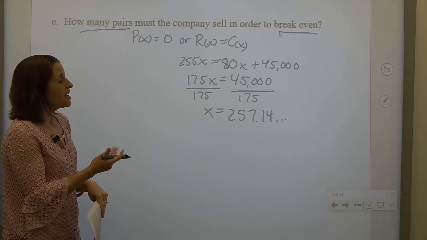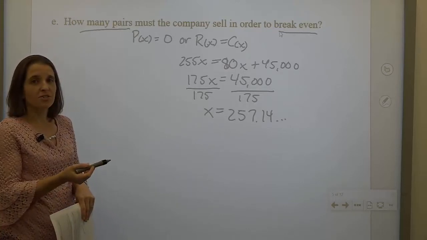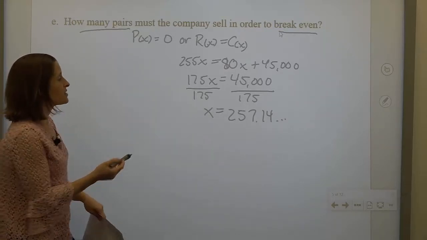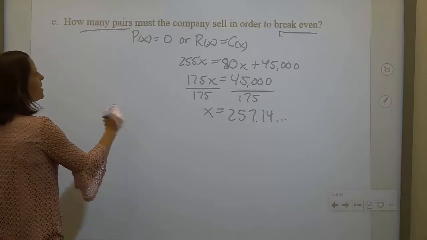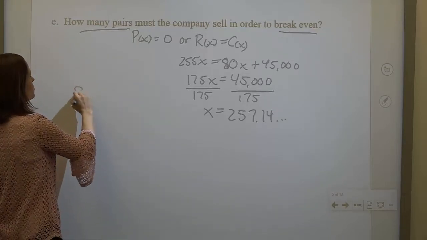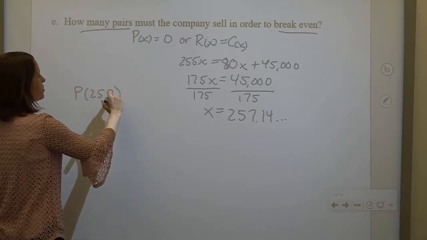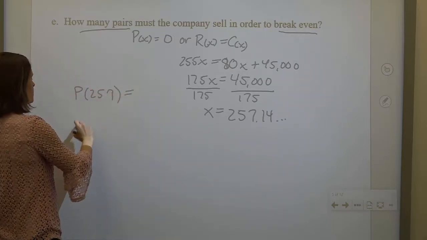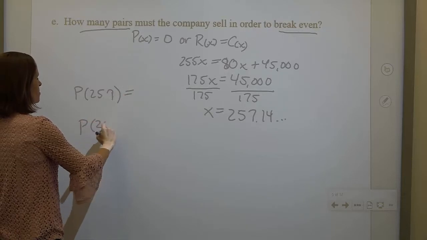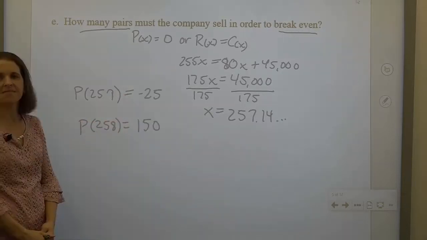So here, you may not always want to just use standard rounding. Let's think about what happens if we were to find our profit if we rounded down to 257 versus if we found our profit if we rounded up.